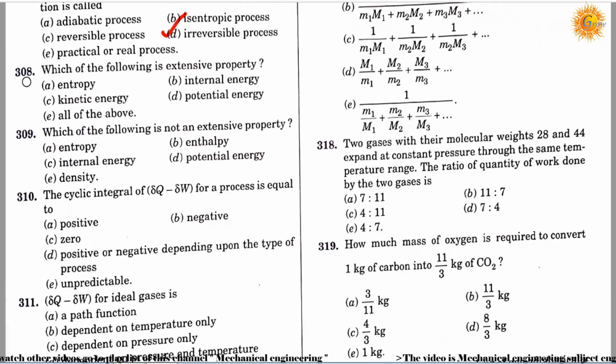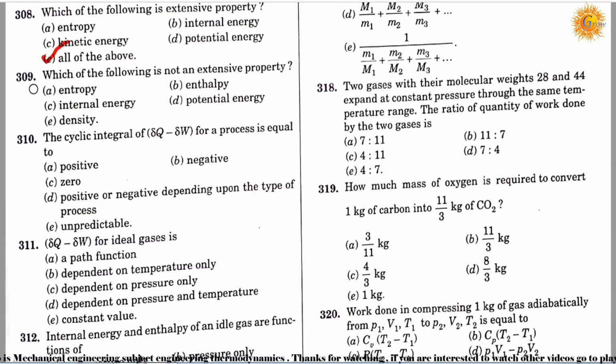Question number 308. Which of the following is an extensive property? Option A, entropy, option B, internal energy, option C, kinetic energy, option D, potential energy, option E, all of the above. So the correct answer is E, all of the above.